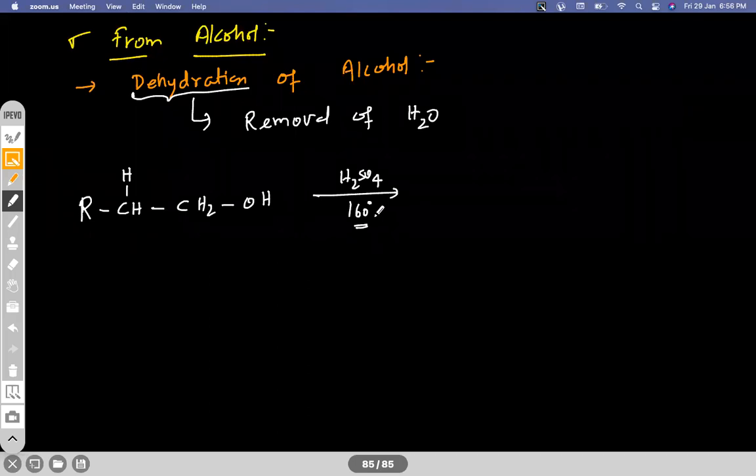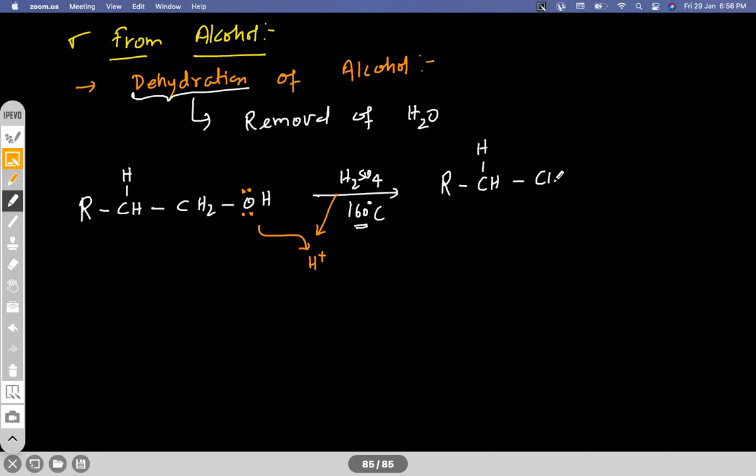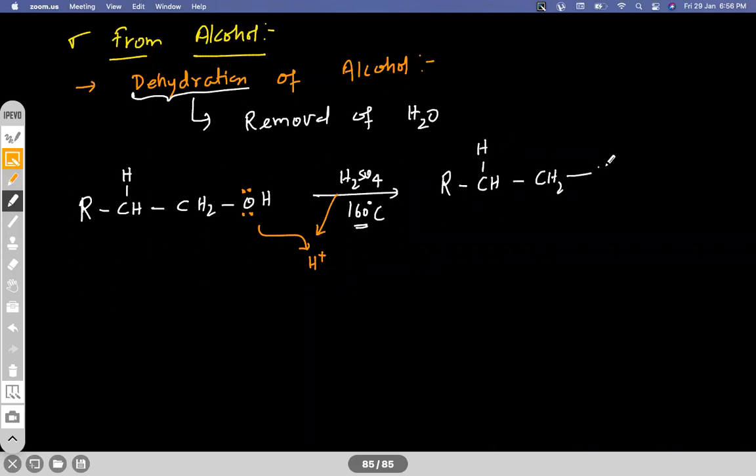Then first of all, this acid will give H plus, and this OH gets protonated, means it takes H plus from this acid. This H plus will get absorbed by this OH here. So we get RCH2CH2OH2 with positive charge on oxygen, like this.